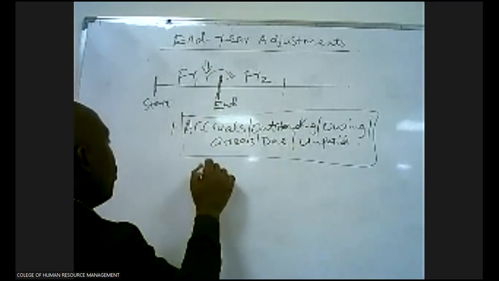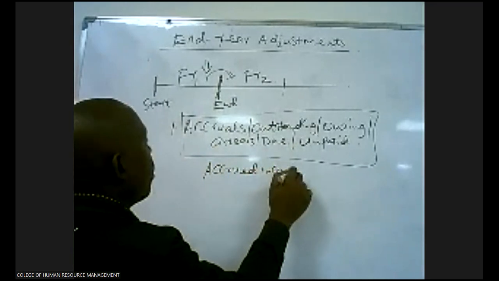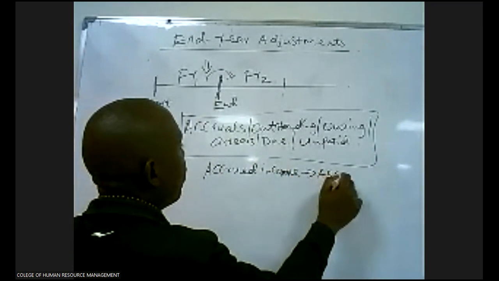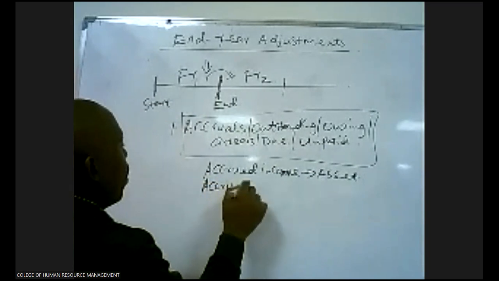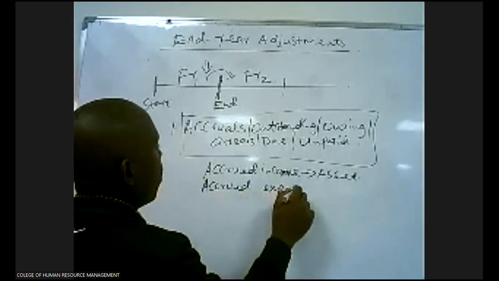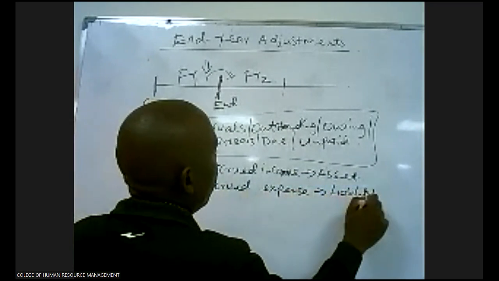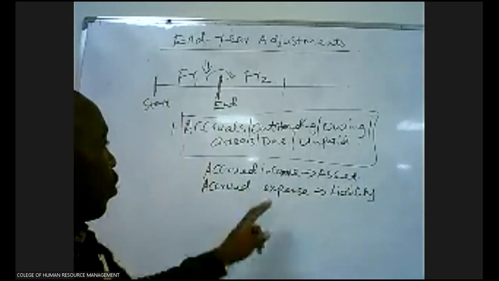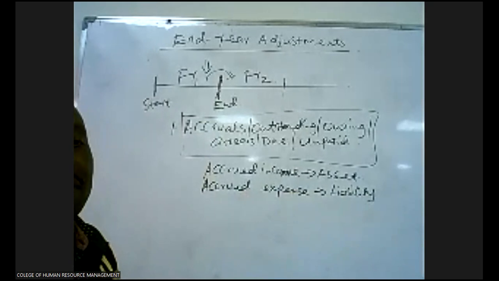If it is an accrued income, you take it as an asset. If it is an accrued expense, that is a liability. Accrued income is income that we have earned, but it has not been received.